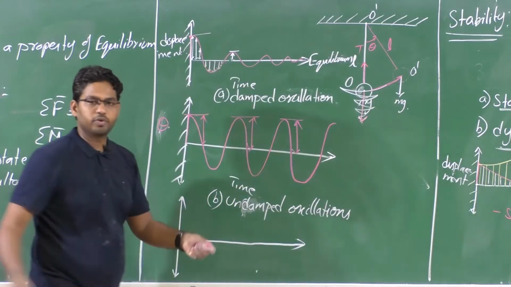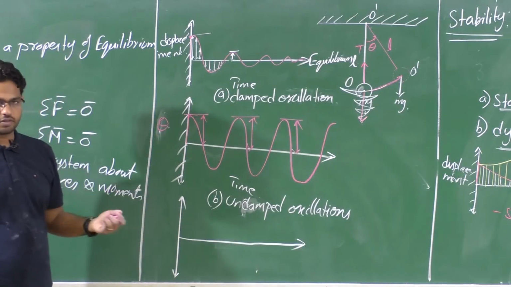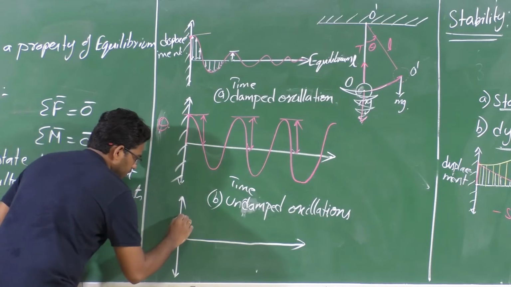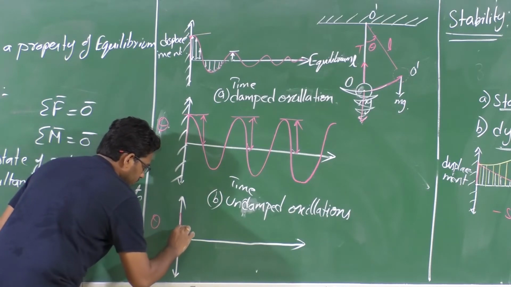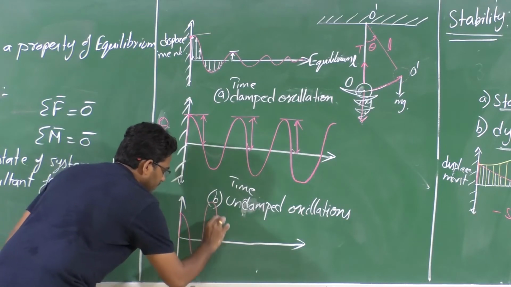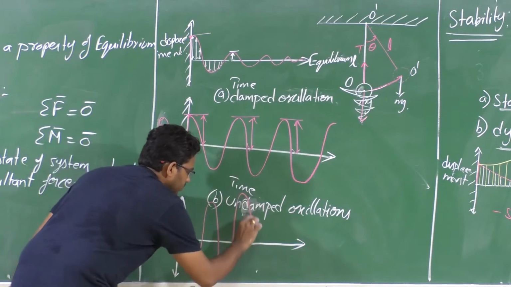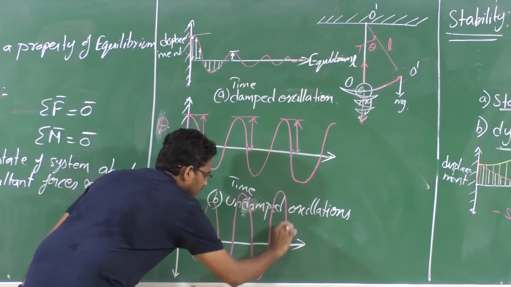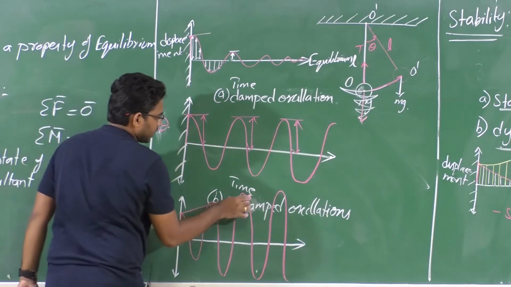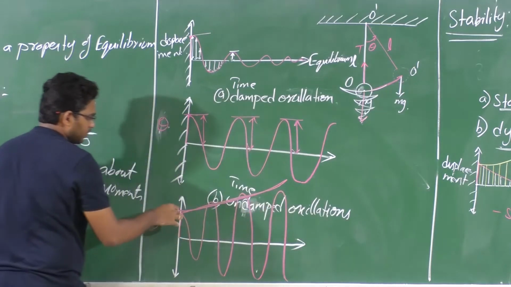What happens is the amplitude of oscillation increases, isn't it? So say I have initially displaced this by an angle. From there, if there is an addition of energy, the magnitude keeps increasing. It is like diverging, right? So this is like divergence.